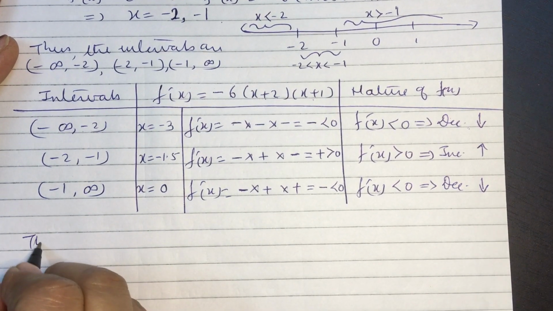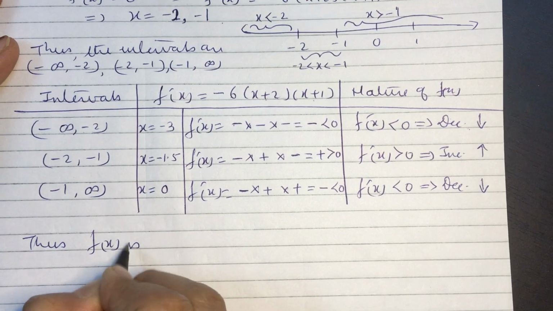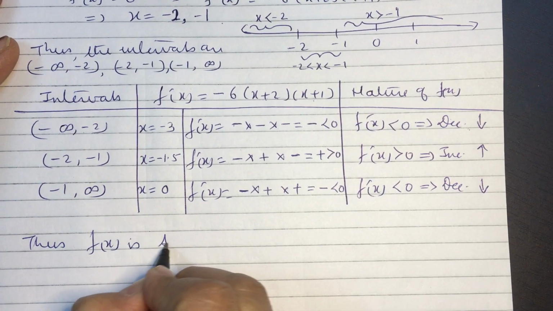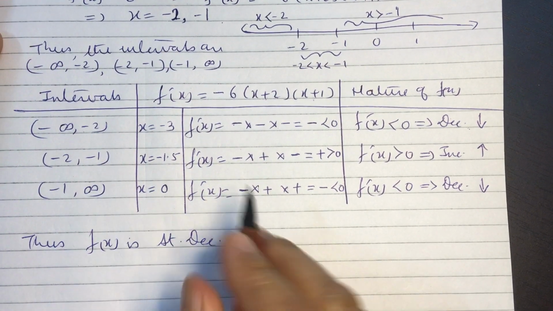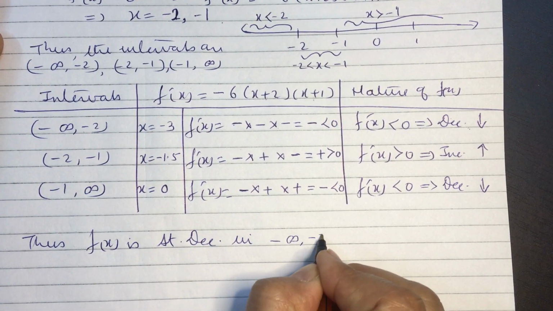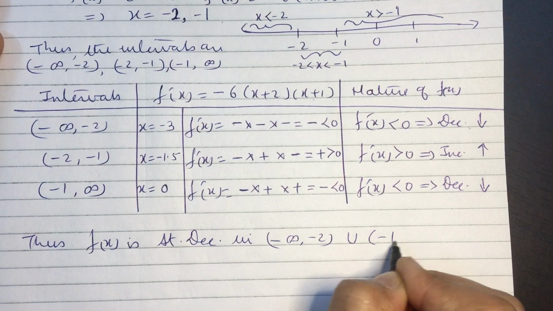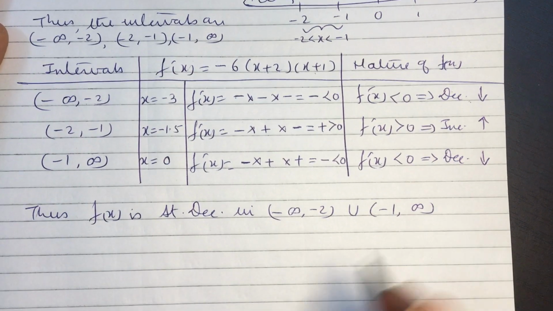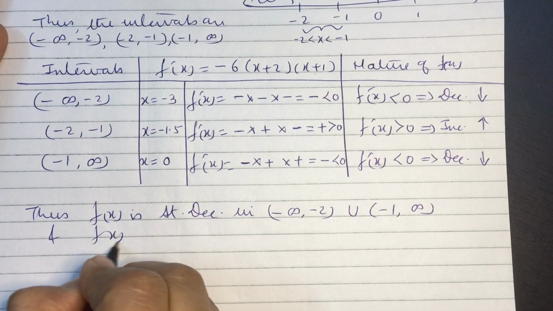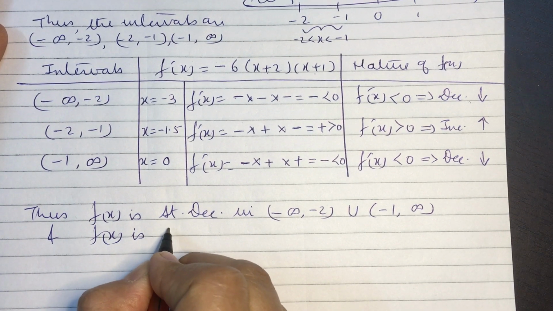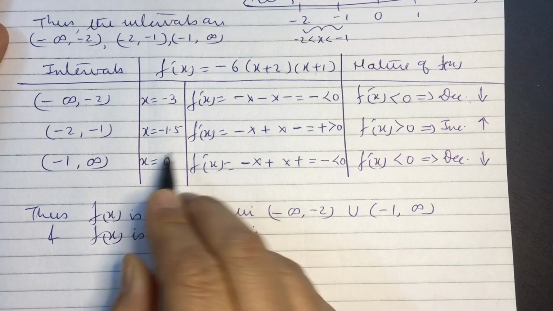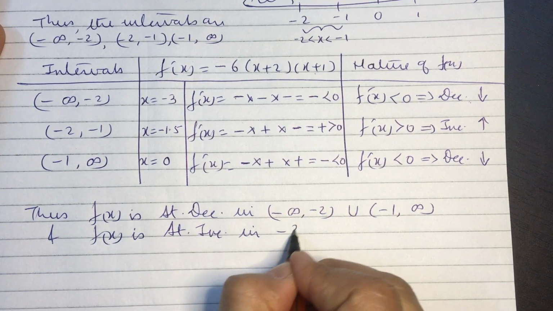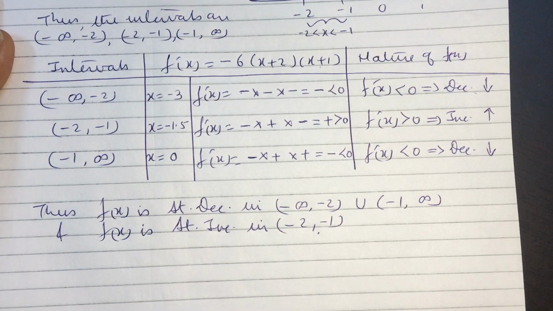So, thus f(x) is, now here we are writing strictly decreasing in union of these two intervals, that is minus infinity to minus 2 union minus 1 to infinity, and f(x) is strictly increasing in the middle interval, which is minus 2 to minus 1.